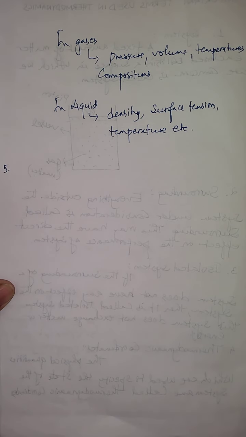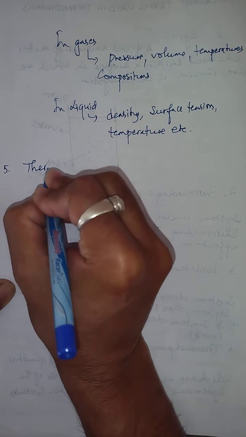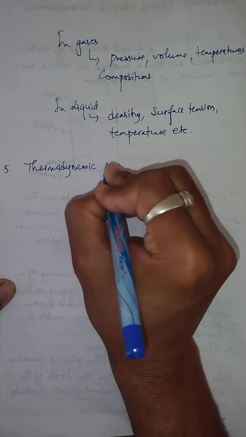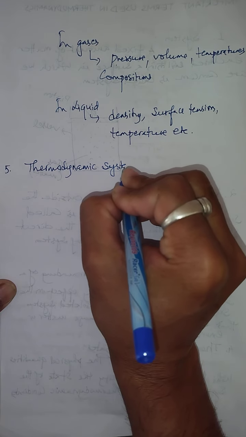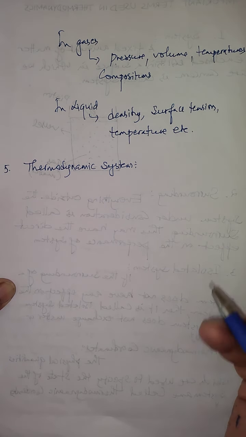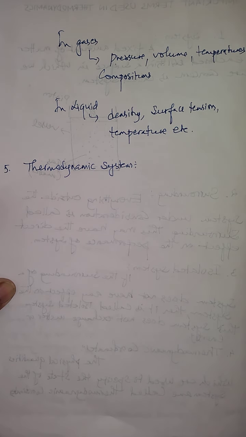Now children, we go to the next term to define, that is called thermodynamic system. So let me write out thermodynamic system. The next term that we define and try to understand is the thermodynamic system. A thermodynamic system is simply a system which can be described by using thermodynamic coordinates. We have already learned thermodynamic coordinates. So if thermodynamic coordinates are used to express a system, that system is called a thermodynamic system.